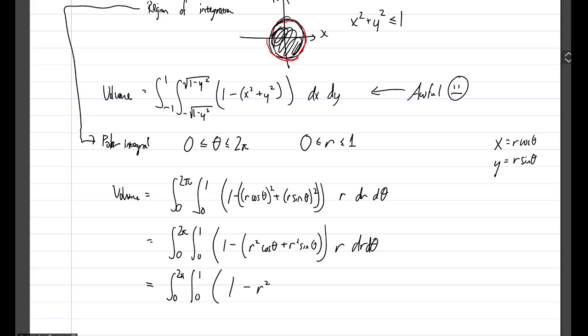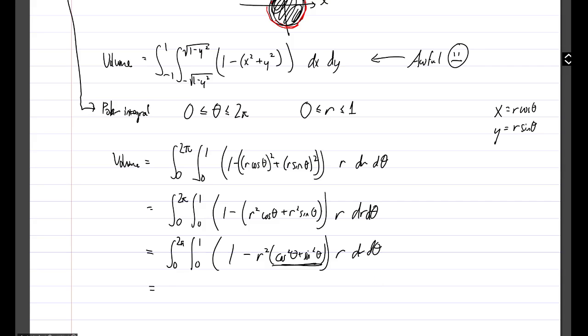If you factor out an r squared, you're going to have cosine squared theta plus sine squared theta in parentheses, close parentheses, r dr d theta. Okay, finally, this part, cosine squared theta plus sine squared theta is equal to 1, right? So in the end, we don't have to write times 1. It's r squared times 1. We don't have to write that.